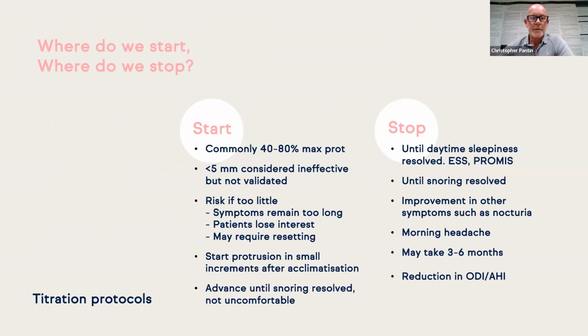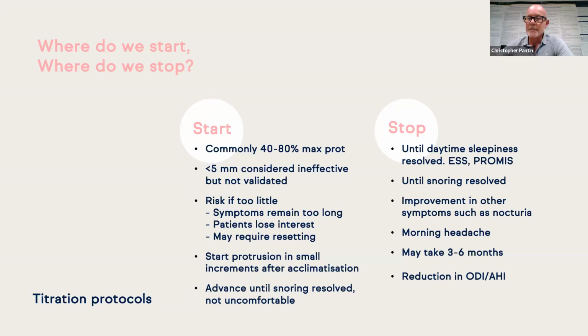So where do we start and where do we stop? So commonly, we start at 40 to 80% of maximum protrusion, or 40 to 80% of the range. And those of you working in the area will know that certain splint manufacturers recommend different protrusions.